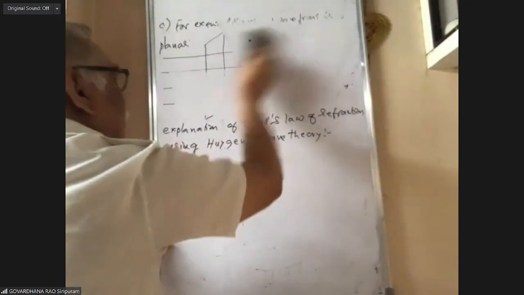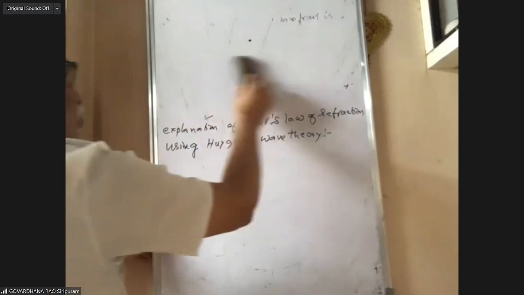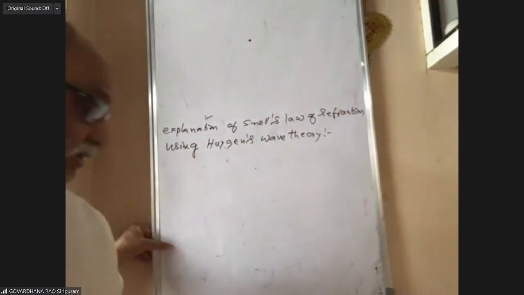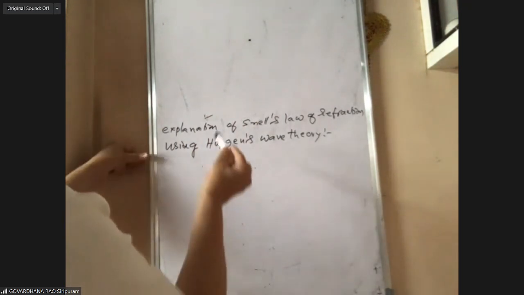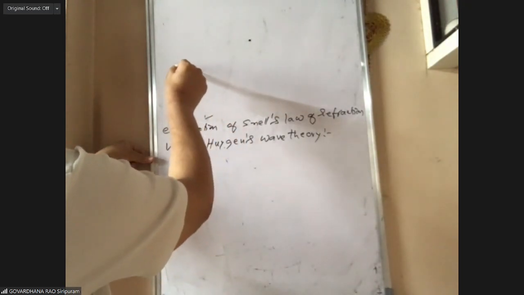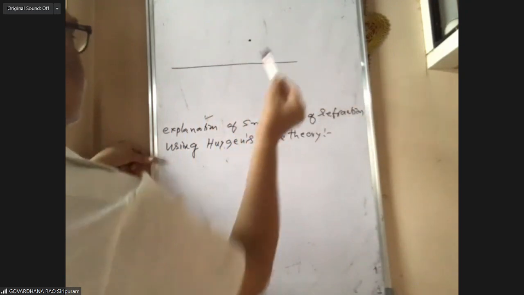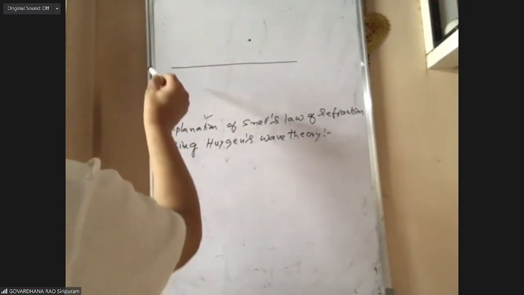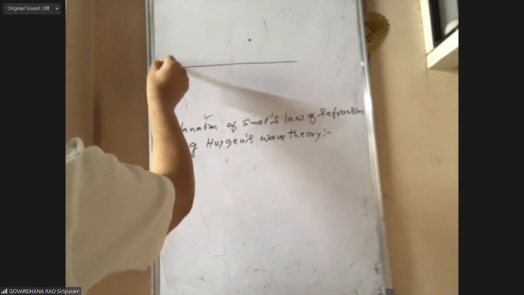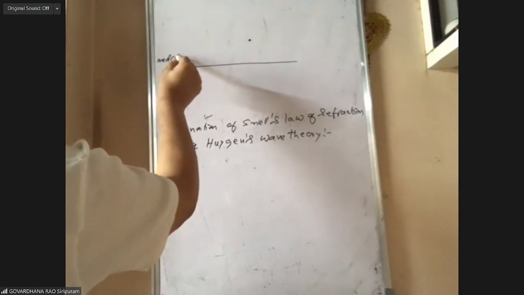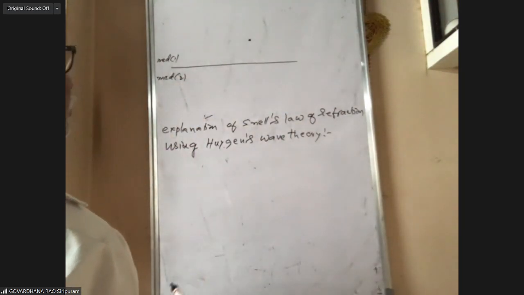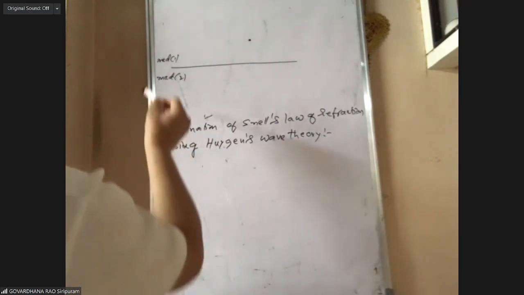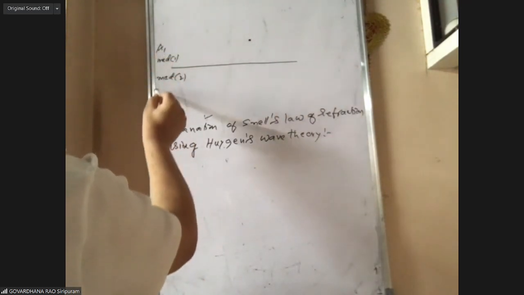Now we are explaining refraction using Huygens wave theory. Listen. Now, suppose this is medium 1. This is medium 2. Okay? Now its refractive index is mu1.